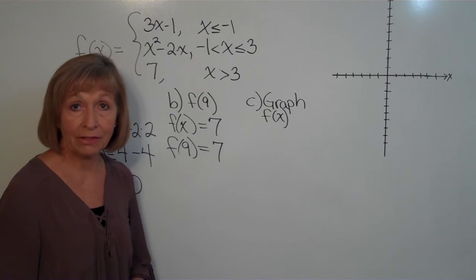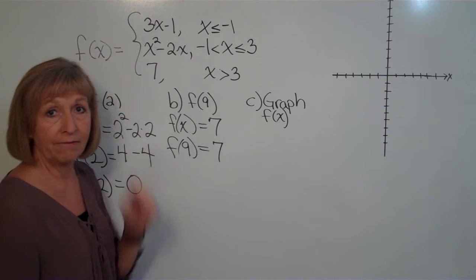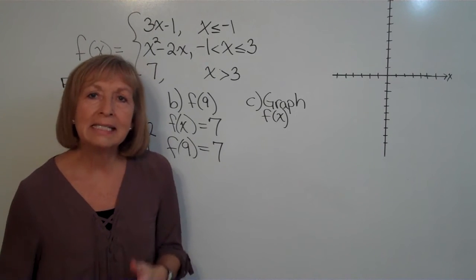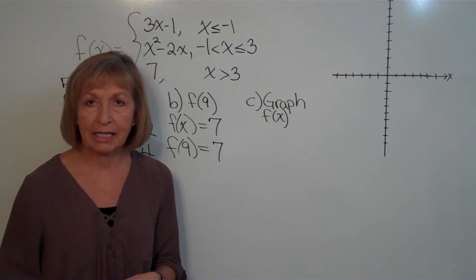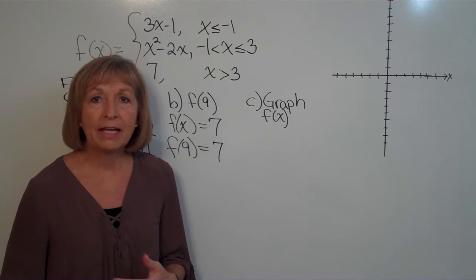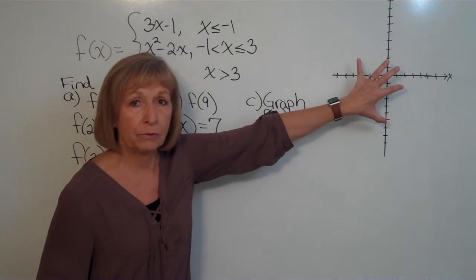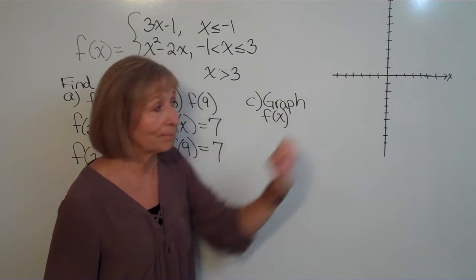Now let's see how we'll get the overall picture, the graph of this function called f of x. Well, since it is a piecewise defined function, I want to think of what the individual pieces are and then graph them individually, but putting those individual pieces on the same plane.